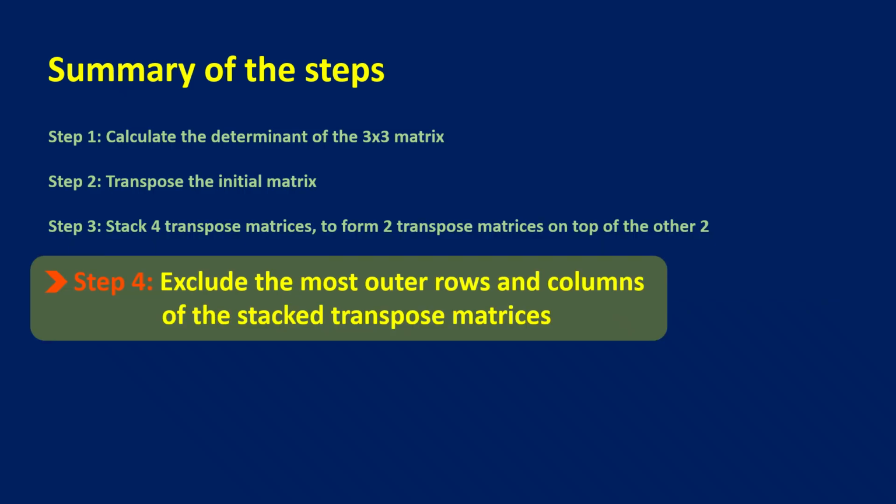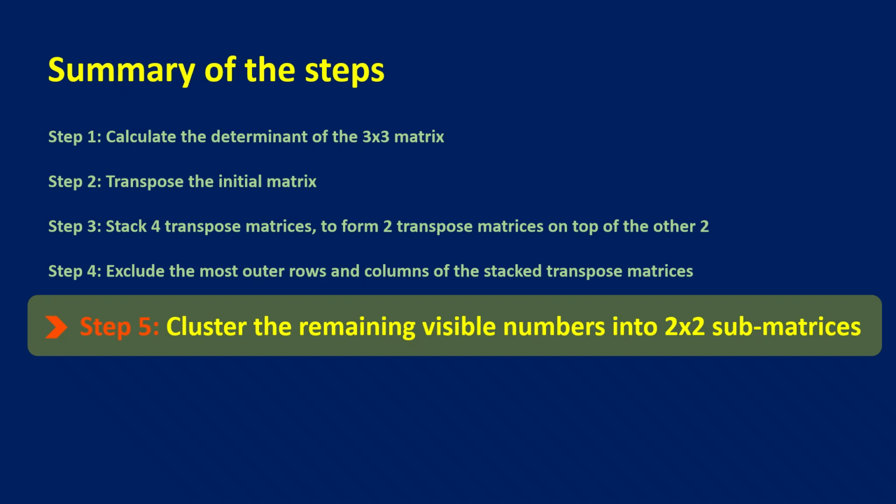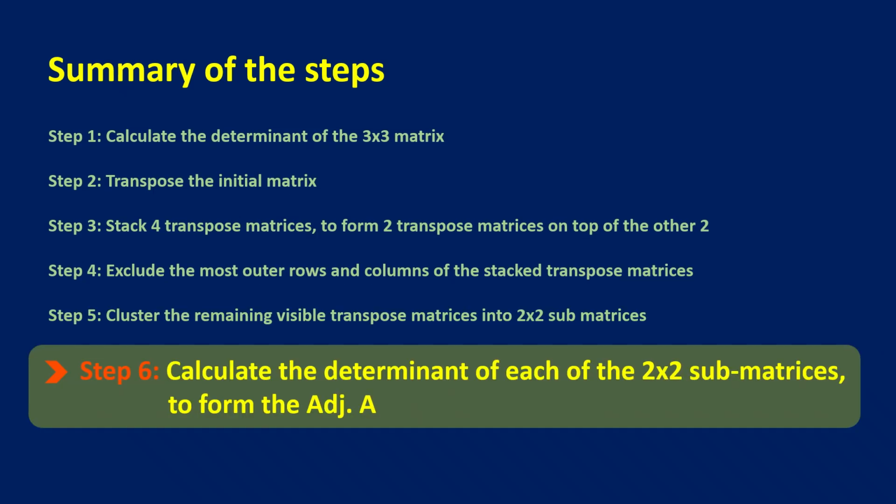Step 4. Exclude the most outer rows and columns of the stacked transpose matrices. This is actually another key step of this method. Step 5. We need to cluster the remaining visible numbers into 2 times 2 submatrices. Step 6.